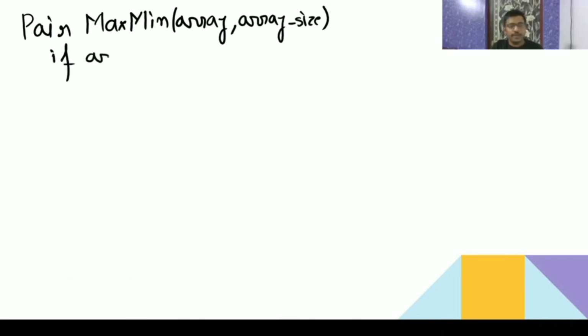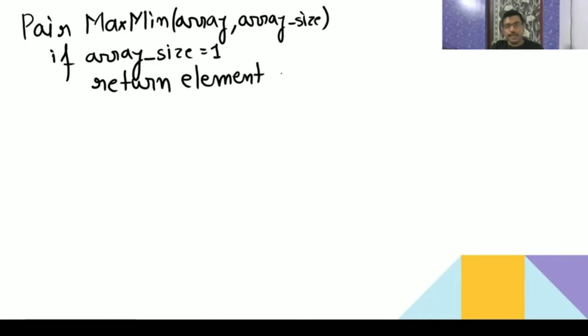If the array size is equal to 1, if only one element is there, then return the element as both max and min. If only one element is there, that element is going to be both max and min.